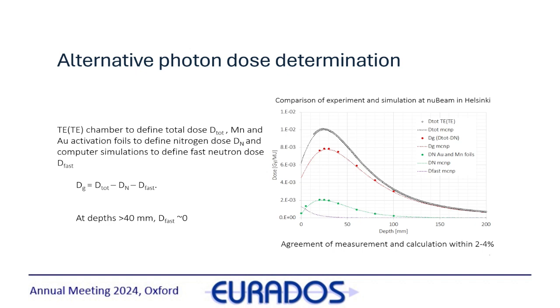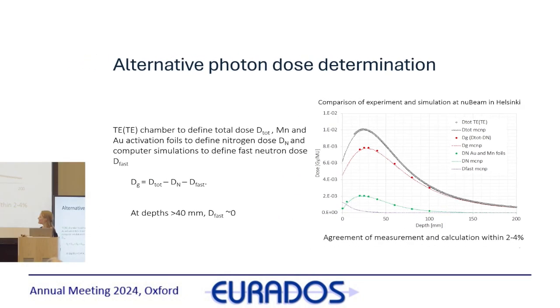The dots are the dose defined with the foil measurements, and the curve is the calculation. So again, pretty good agreement. Then this is the simulated fast neutron dose, and I have subtracted nitrogen and fast neutron dose from the total dose. I get the experimental photon dose, and it's agreeing actually pretty well with the simulation. So quite okay.